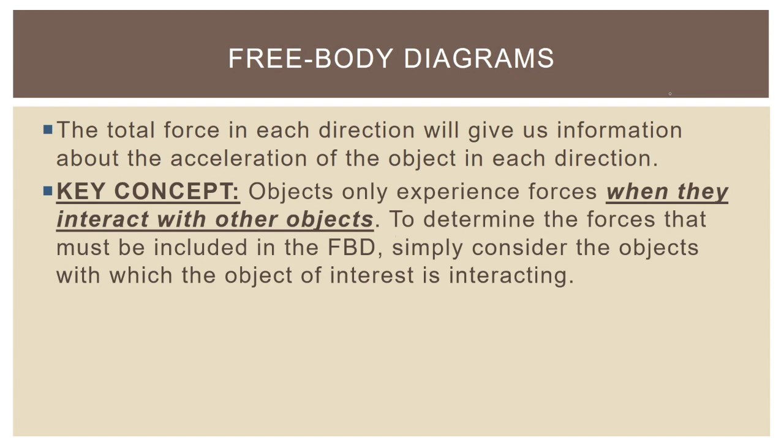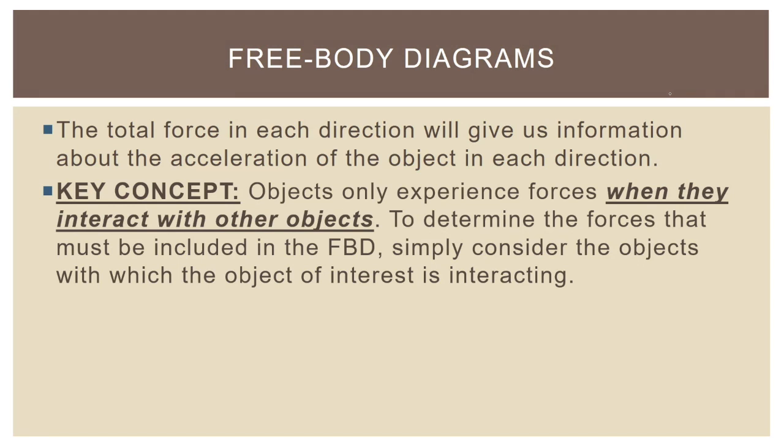So here's the deal. The first thing you have to remember is that the objects are always going to interact with the Earth because they're on the Earth, and the Earth exerts a gravitational force on the objects. Don't forget that. If you want to figure out how many forces there's supposed to be in the free body diagram, you have to look at how many objects the thing you're drawing the free body diagram for is interacting with.